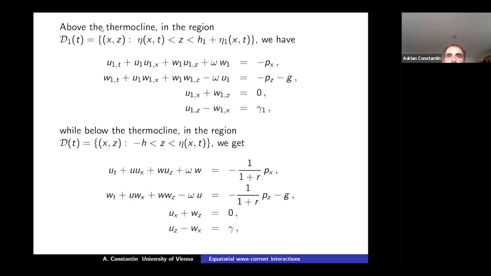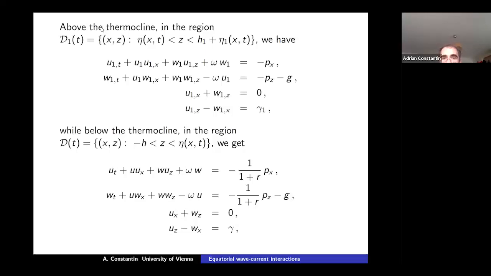So basically, with the U1, this is the one near the surface. It's the standard Euler system with this little omega being the non-dimensional version of the Coriolis parameter. This is mass conservation, and the fourth equation on top defines the value of the constant vorticity gamma 1.